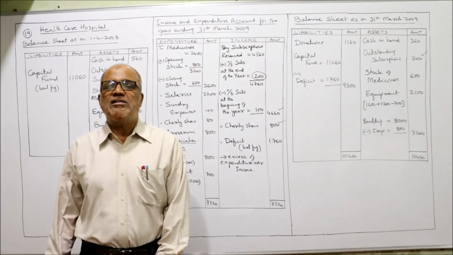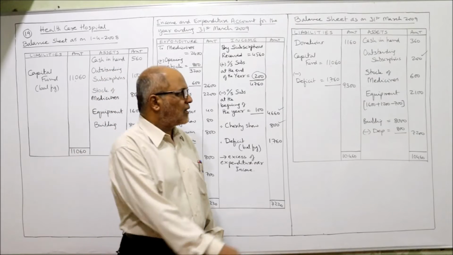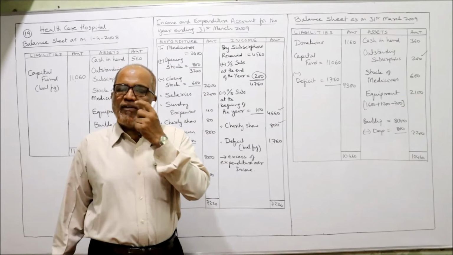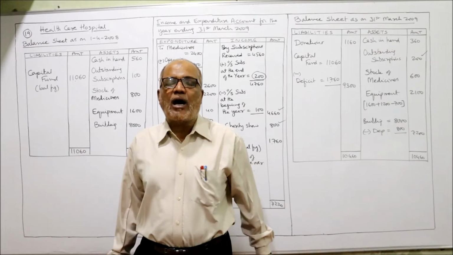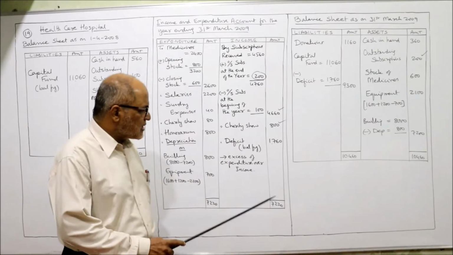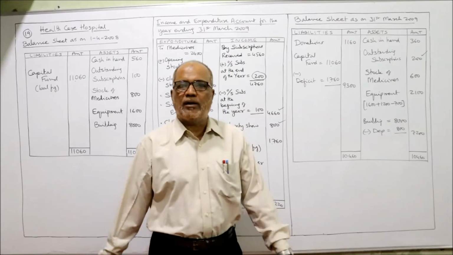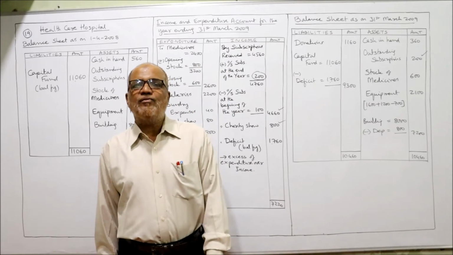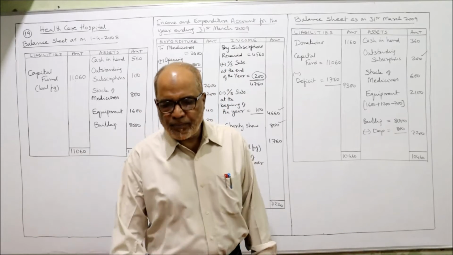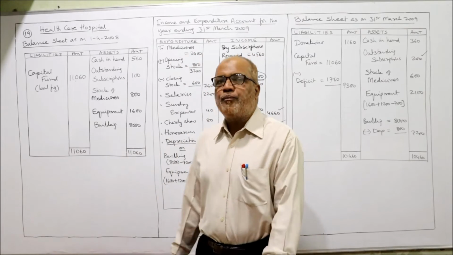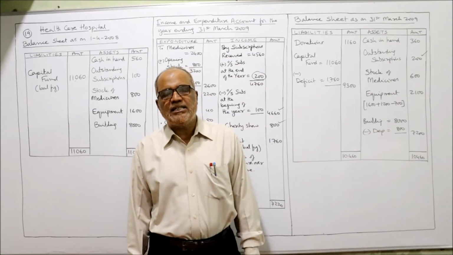So 2,100 is the value of equipment at the end of the year. Similarly, building. Building value beginning of the year was 8,000. During the year, depreciation provided 800. Deduct 800, you will get 7,200. Balance sheet is static, 10,460. That's all. So this is the end of problem number 19.